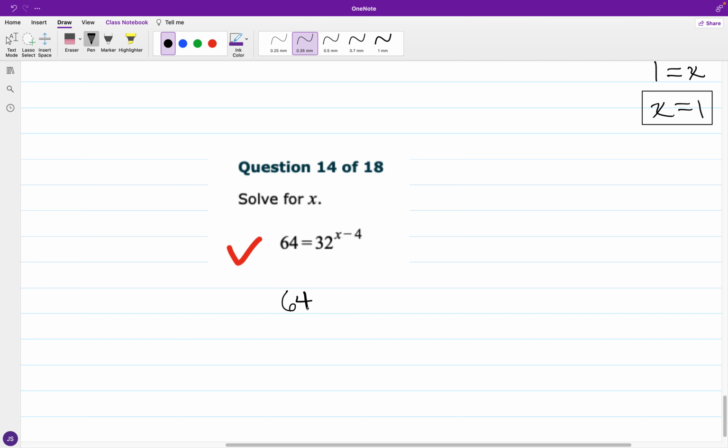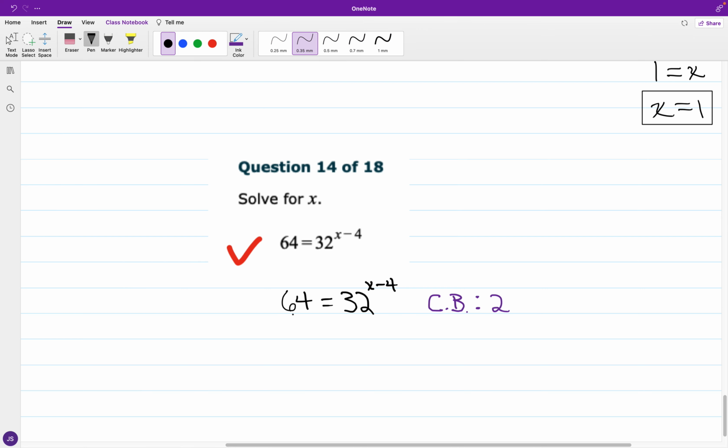So you've got 64 is equal to 32 raised to the x minus 4. Now, 64 is not an integer power of 32, but between 64 and 32, we do have a common base, and that's going to be 2.